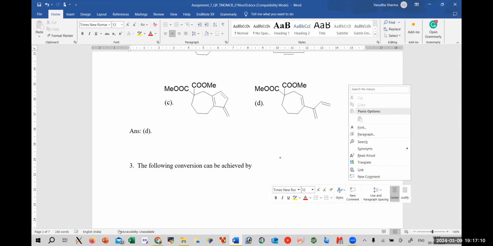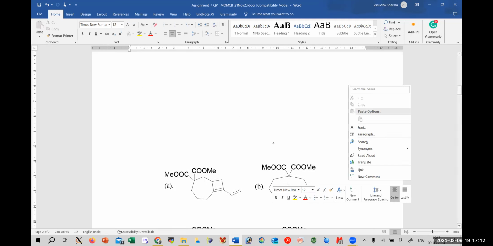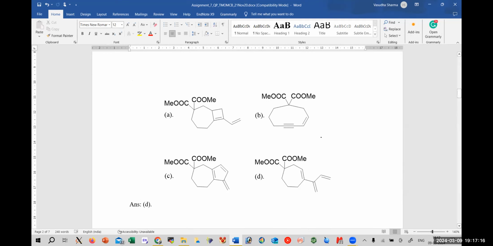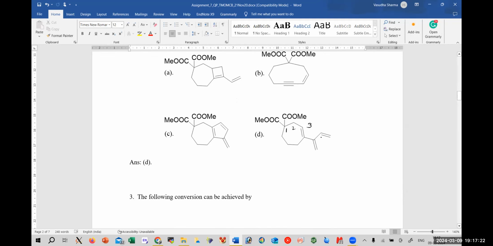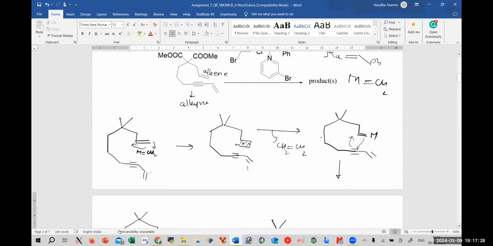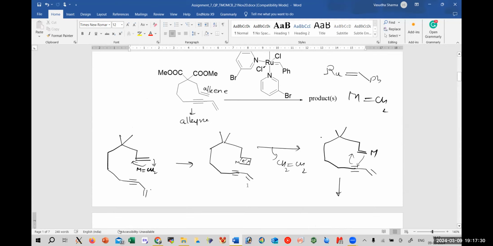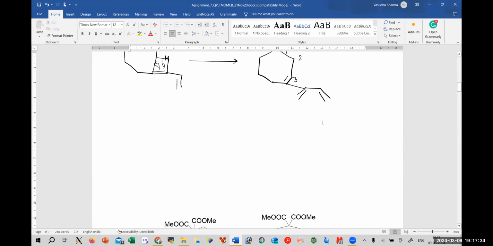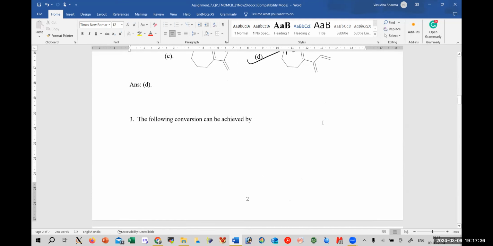At the third position, if you will see only one structure which is resembling this one, where it's 1, 2, and 3, two double bonds, and it's forming. So in this way only, you have to draw the whole mechanism. Consider the alkene reaction with the metal carbene, and then only the alkyne will react with the newly formed metal carbene. So this would be helpful for understanding this.